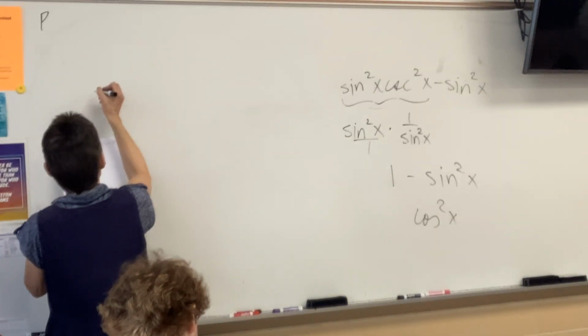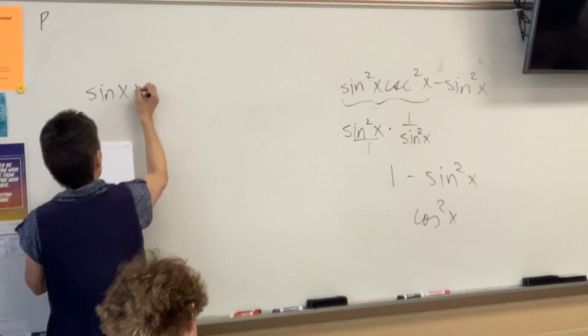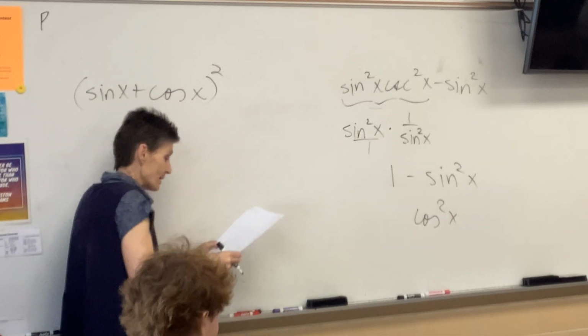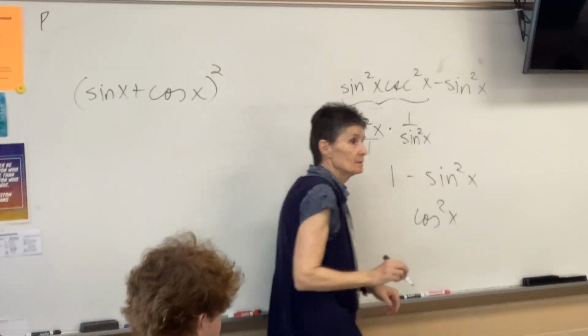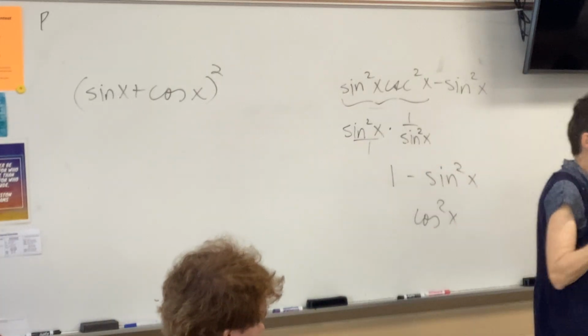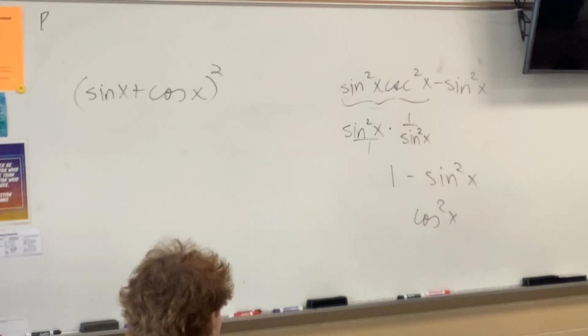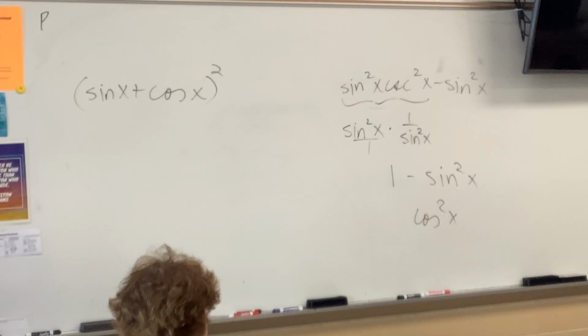Oh boy, let's look at number 16. Everybody in the room should know how to start this one. Look at it. It's a big old parentheses squared. What does that mean? Parentheses times parentheses.